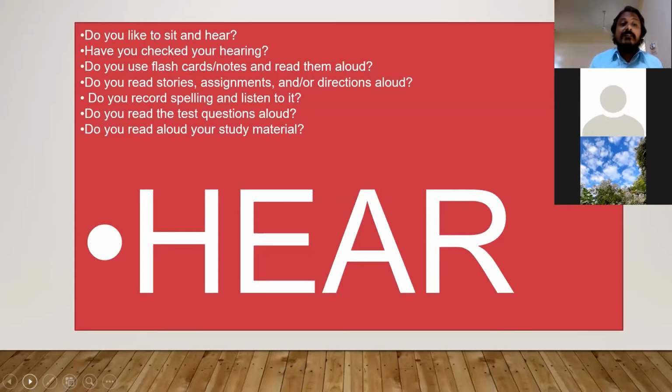When you have flashcards and notes as a teacher, and you know who the auditory learners are, you can ask them to read. Because when a tactile learner is asked to read aloud, he might not like it. Those who would like to see things might not like it either.